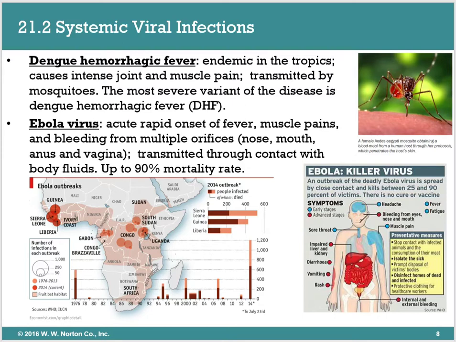So Ebola, we don't normally have it here, but it is very prevalent in African regions, and it's a very quick virus. You'll get a fever, muscle pains, and a lot of times you'll get bleeding from multiple different openings: your nose, your mouth, vagina, and anal region. That's the big hallmark of Ebola.